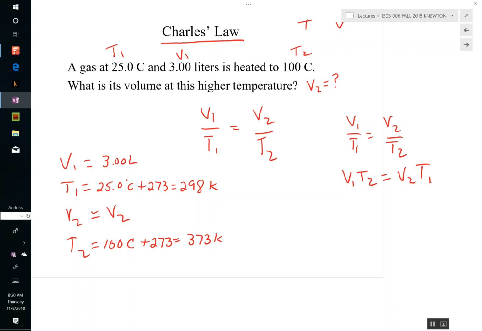That's cross multiplying. You could just simply multiply this by T2.